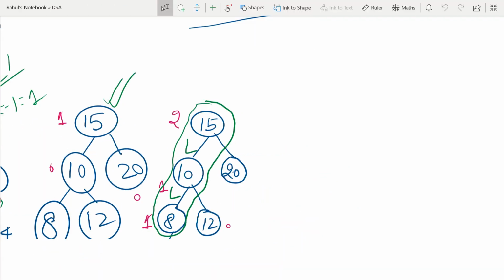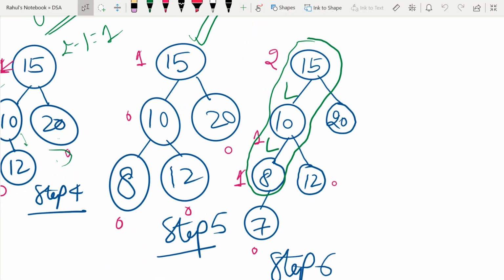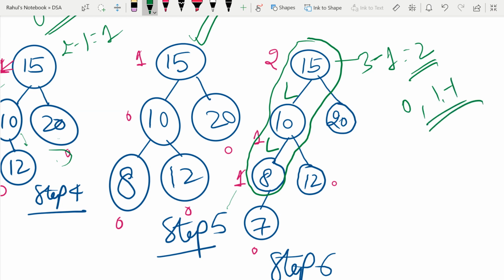Here if you see the left subtree, LL imbalance is created because the balance factor of this root node 15 is height of left subtree, that is 3, minus height of this right subtree, that is 1, 3 minus 1 is 2, which is other than 0, 1 and minus 1. So here the AVL property is not followed, and we are getting this imbalance because of the LL, that is left imbalance.